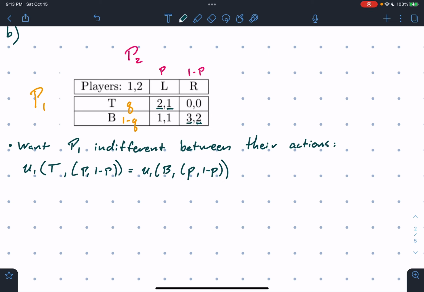Remember, when we're finding a mixed strategy Nash, we want to find probabilities so that each player makes the other player indifferent, so they get the same expected utility from either of their actions.